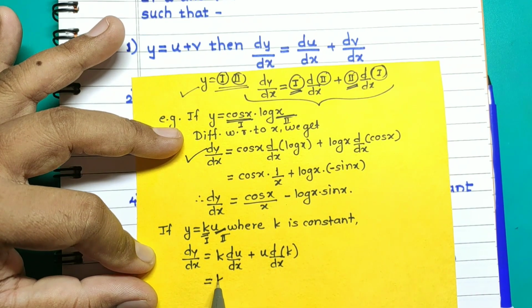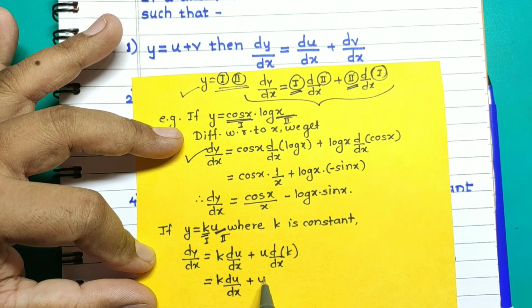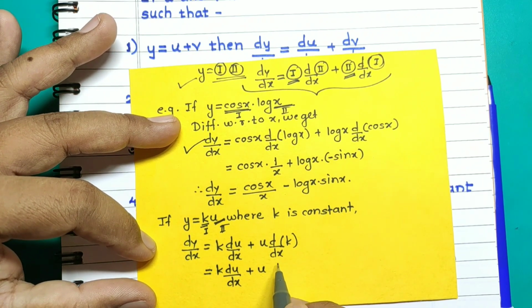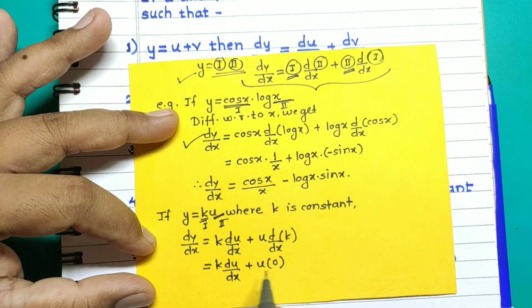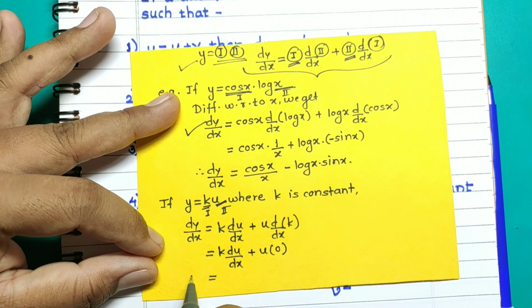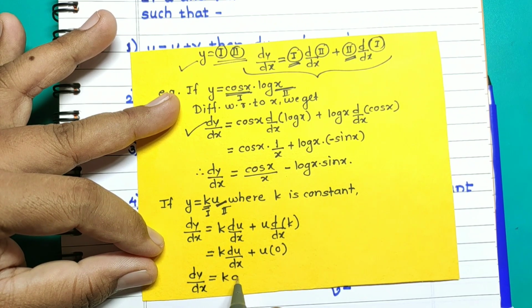So k into du by dx plus u into, see, k is constant, so its derivative is 0. So this term is 0. So we have the required derivative dy by dx as k into du by dx.